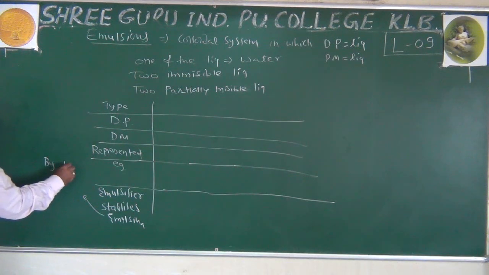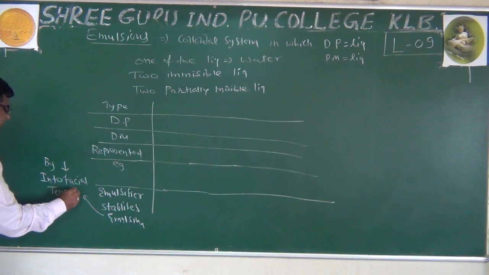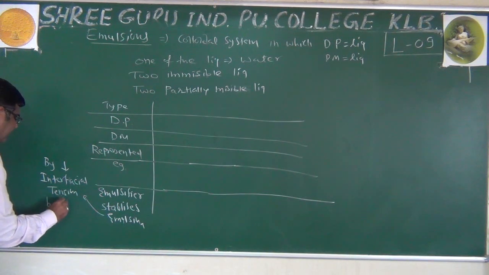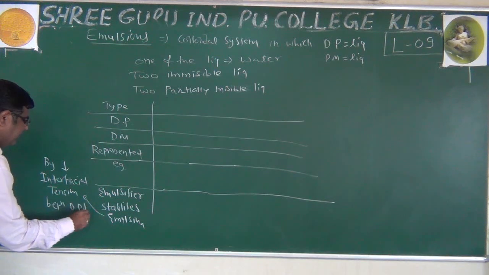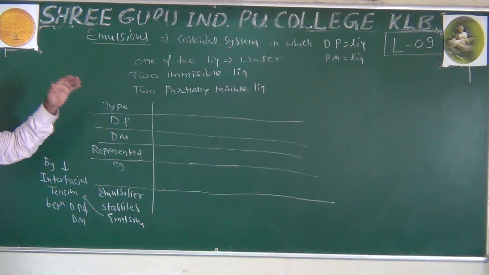By decreasing the interfacial tension between the DP and DM. The interfacial tension at the surface between the DP and DM is reduced, and it makes sure that the dispersed phase gets dispersed in the dispersion medium.